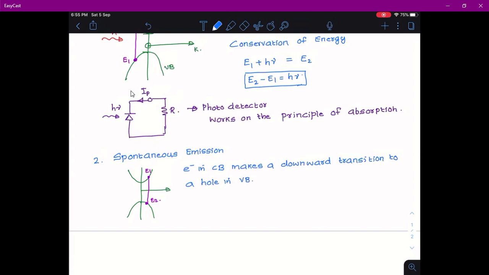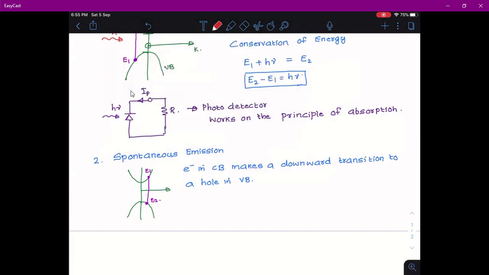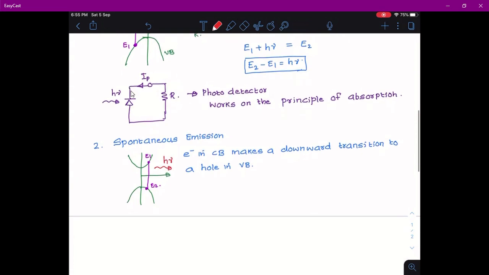So again, since there is a reduction of energy, because E1 is at a high energy level and E2 is at a low energy level, the change in energy should be supplied or produced somewhere else. So where will it go? It will be dissipated, or it will be produced as a photon with energy h nu, so that it will satisfy the conservation of energy.